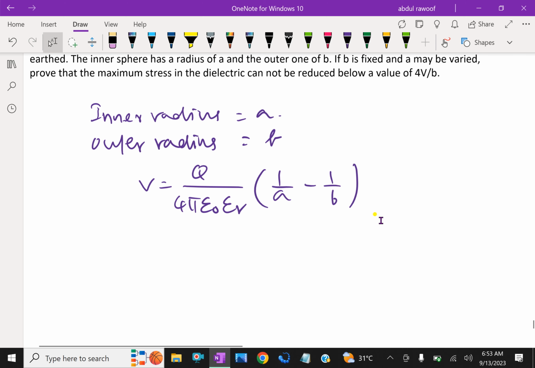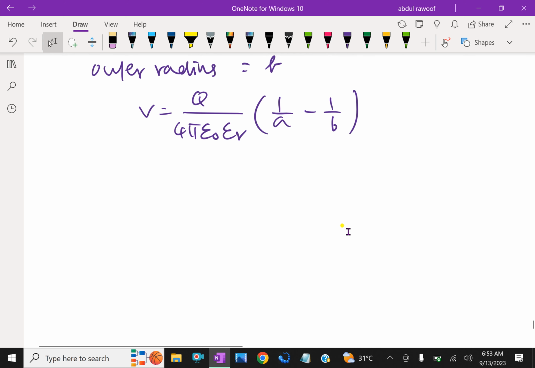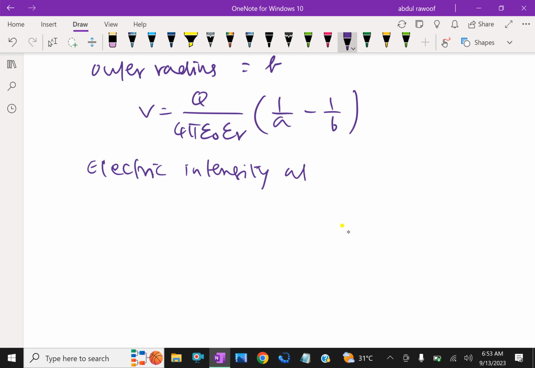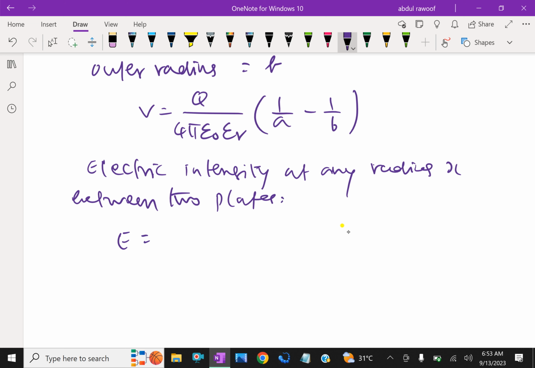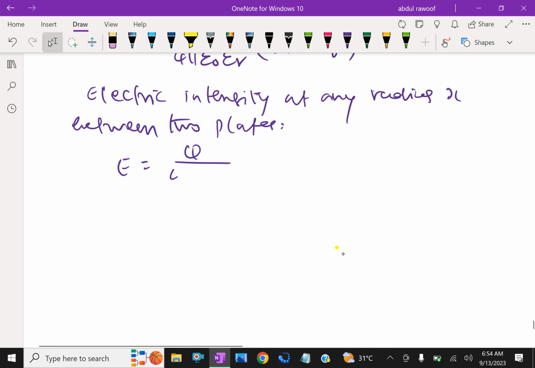Now, the value of electric intensity at any radius x between two plates is given by E equals Q over 4 pi epsilon 0 epsilon r x square.